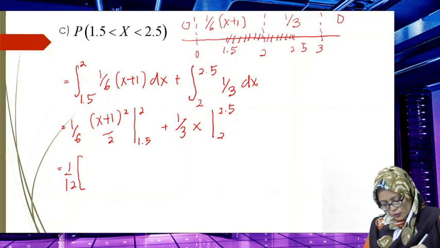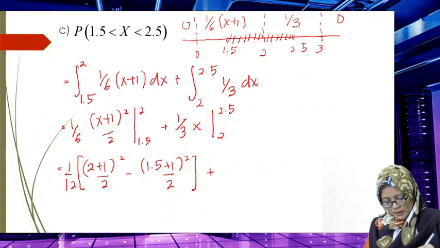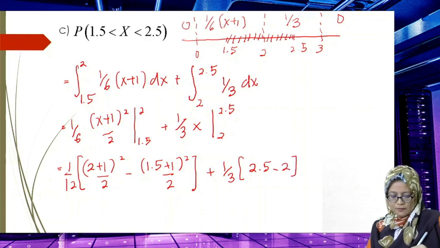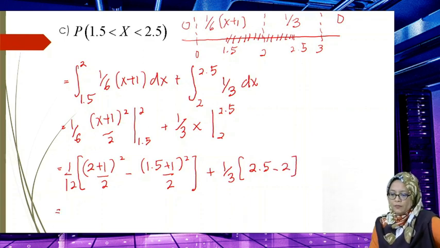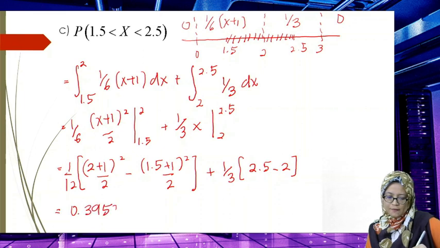So ganti x is 2, 2 plus 1 square over 2 minus 1.5 plus 1 square over 2 plus 1 over 3. X is 2.5 minus 2. Okay, so calculate or simplify, you akan dapat 0.395.